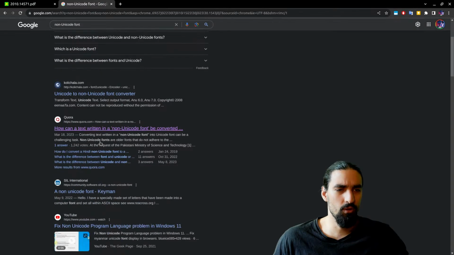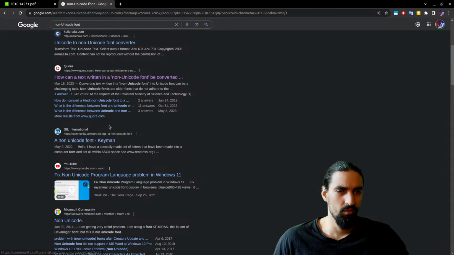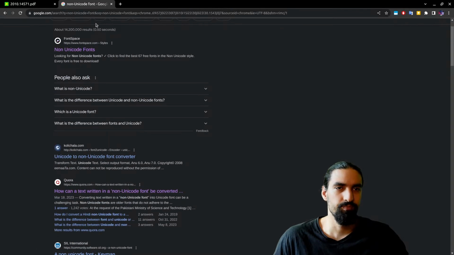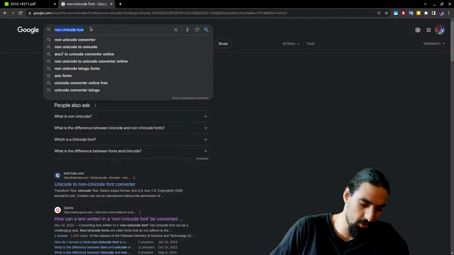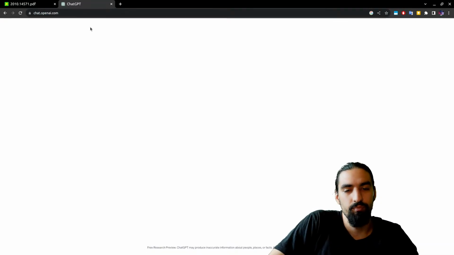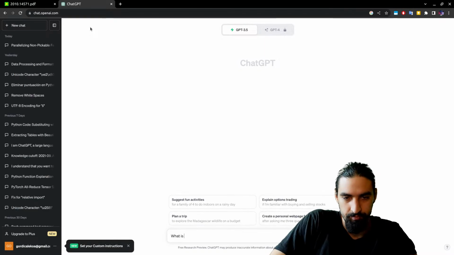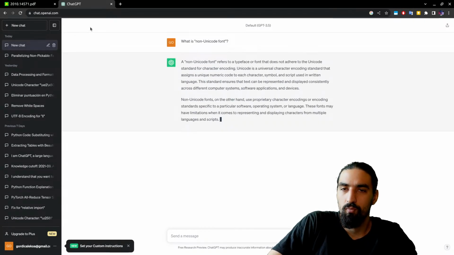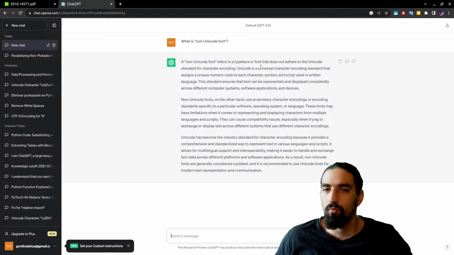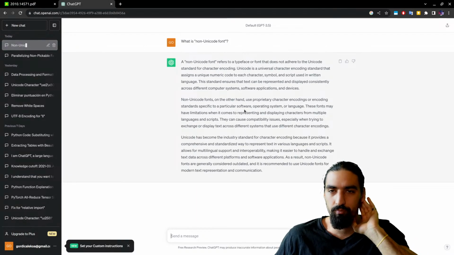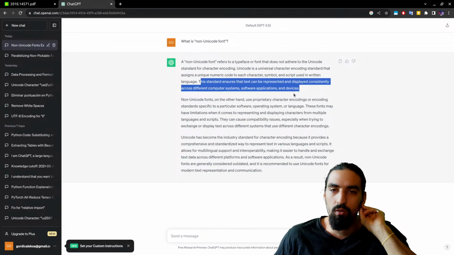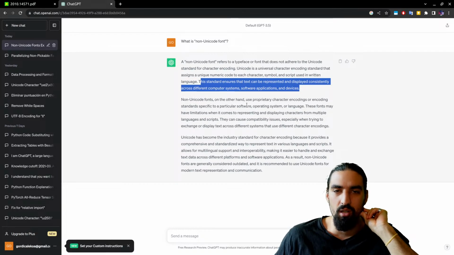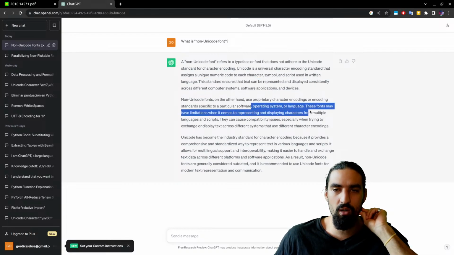What is non-Unicode font? Let's ask ChatGPT. Proprietary character encodings or encoding standards specific to a particular software, OS, or language.